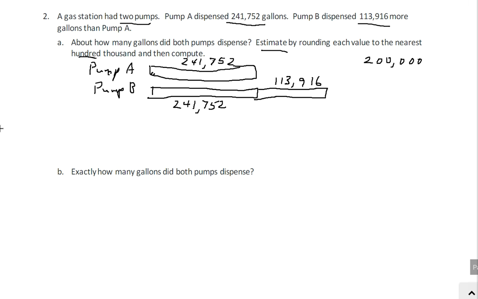And then pump B is 200,000 plus 100,000, which is 300,000. So altogether, that's 500,000. So our answer would be the pumps dispensed about 500,000.